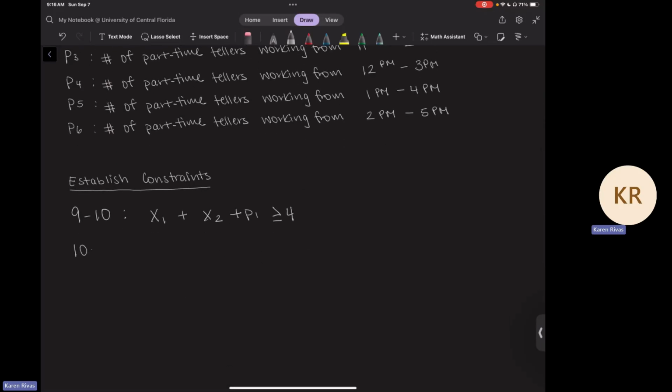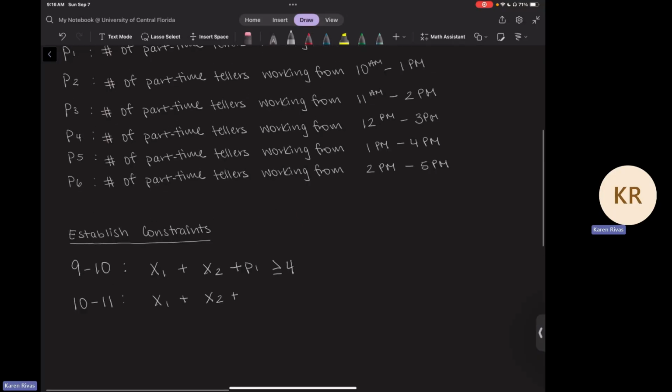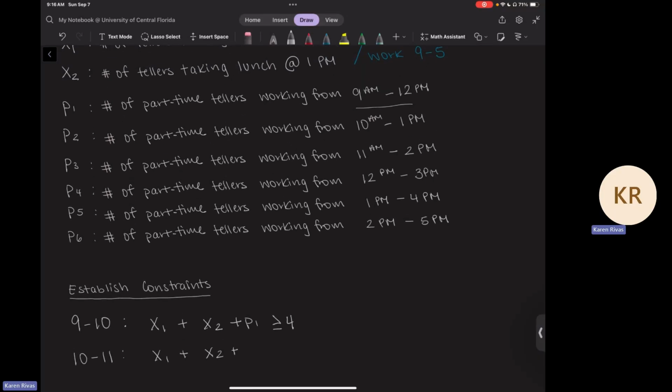Next will be from 10 to 11. Once again, the full-time employees will be included. We're still going to have our part-timer number 1 since it's going to be from 9 to 12, so it'll include 10 and 11. And now we're going to also include P2.